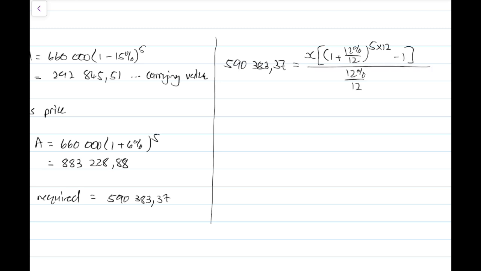Division is going to become multiplication. Multiplication is going to become division. Let's put that in the calculator and get a value here. So I'm getting 7,228.92. So it's going to cost the school 7,228 rand and 92 cents every month. They've got to put that money away so that in 5 years they can replace all the laptops.